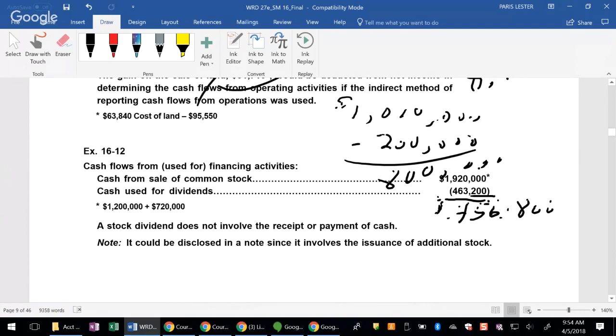How much cash flow is involved? I'm going to repeat that. You bought land for $1 million, you paid out $200,000 in cash, you got a mortgage for $800,000. Now, how much cash was involved? $200,000. So that's the only number. Be working that next exercise.